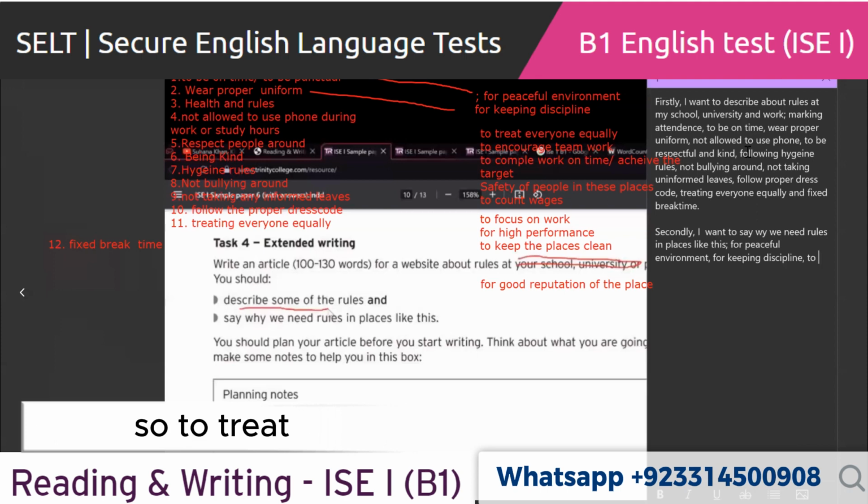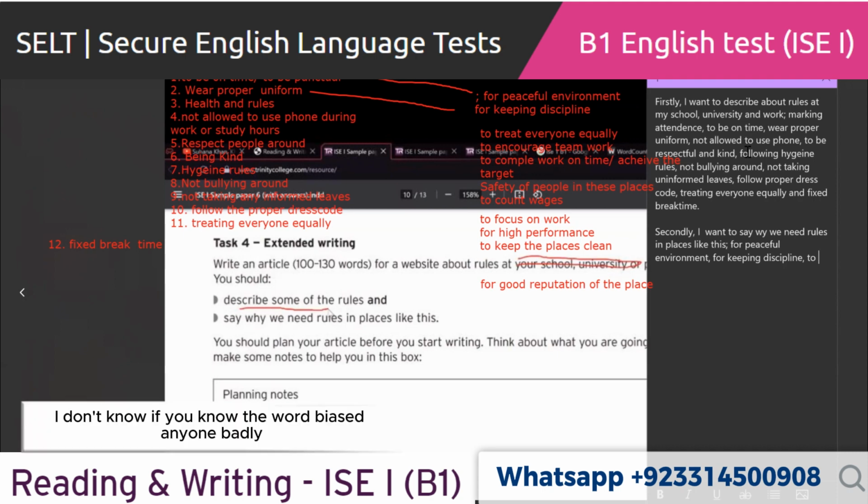You can also change it, but because there are people who don't know how to write, I'm writing them for those, not for somebody who knows. If you want to go for that, you can say to respect diversity, or not treat anyone.